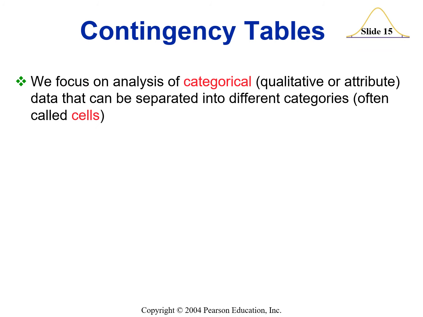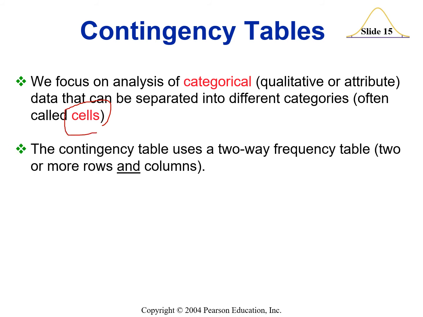Contingency table analysis focuses on categorical, which is qualitative or attribute, data that can be separated into different categories, called cells. The contingency table uses a two-way frequency table. We should have at least 2 rows and 2 columns to have a contingency table.